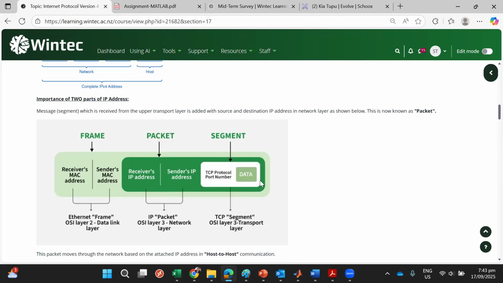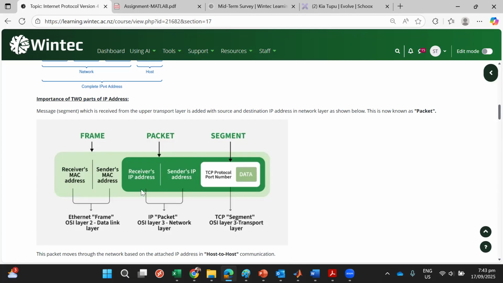But whenever it's transferring, it's moving from one device to another device. So packets are traveling through the network and finding the optimum path. Each of these packets can independently move and select any path.